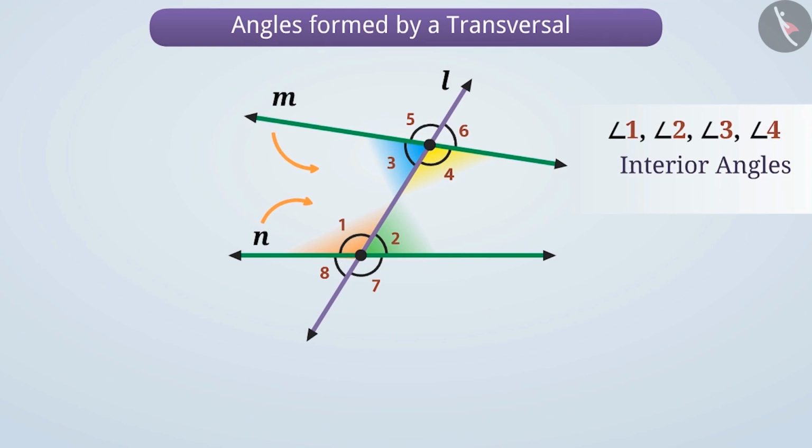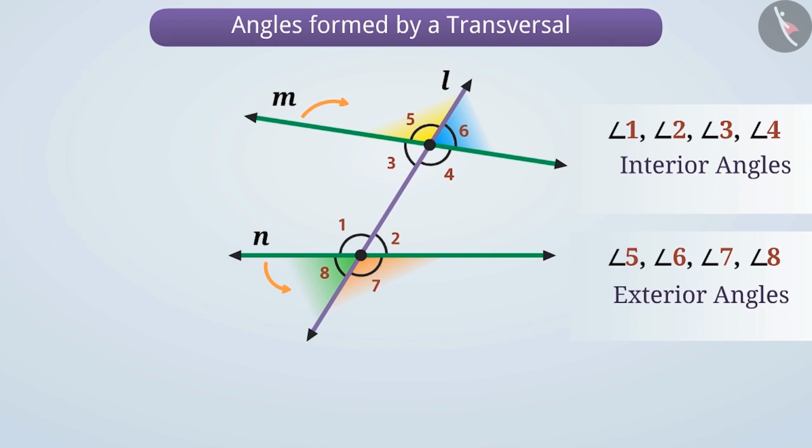If we talk about angle 5, angle 6, angle 7 and angle 8, then all of these angles are on the outside of lines M and N. All the angles formed on the outside of the two lines formed by a transversal of the two lines are called exterior angles.